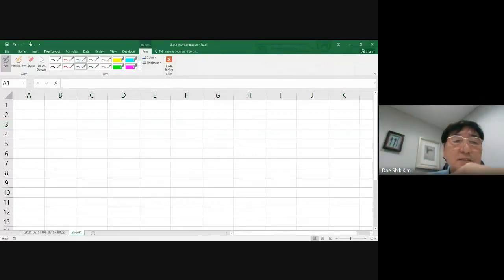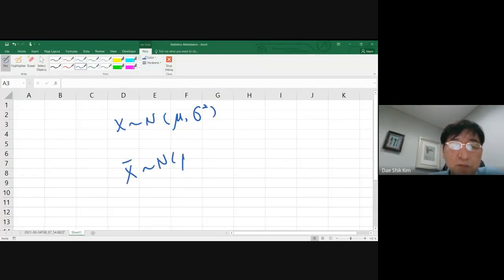I will summarize. When X follows a normal distribution with mean mu and variance sigma squared, the sample mean will follow mu and sigma squared divided by n.